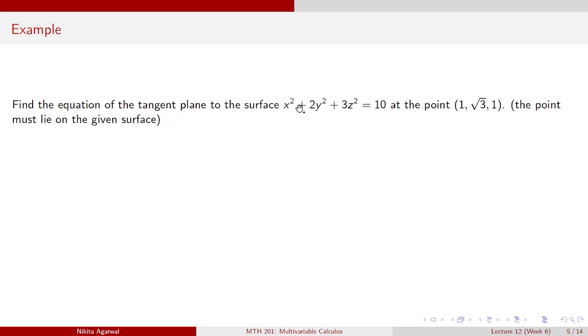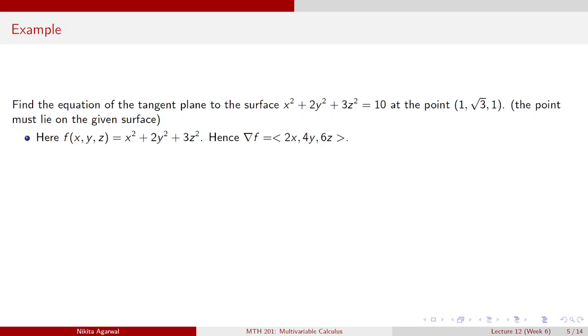Now what is this an equation of? It's an ellipsoid, right? So we are talking about a particular kind of surface, which is actually an ellipsoid, and we are talking about the tangent plane to that ellipsoid at this point. So what are the key ingredients for a tangent plane? You just need to compute the gradient, right? So this is the function f that is given to you. What is the gradient of f?